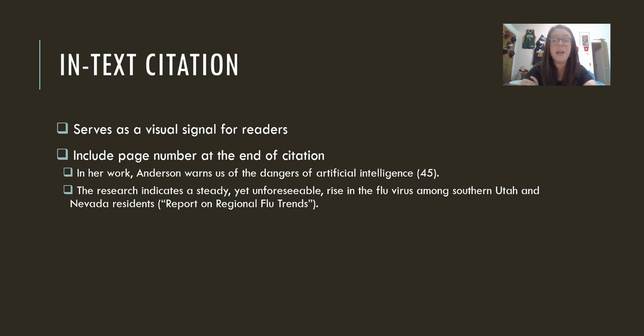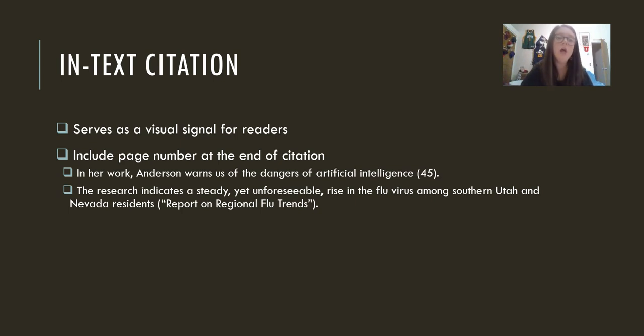So this might be the author's name. So maybe if in the first example, if we didn't have a page number, we could say in our work, Anderson warns us of the dangers of artificial intelligence. And then we put Anderson in the parentheses. Or we can see through this example, especially with government pages that typically don't have specific authors identified, we can include the title of the work that we are referring to.